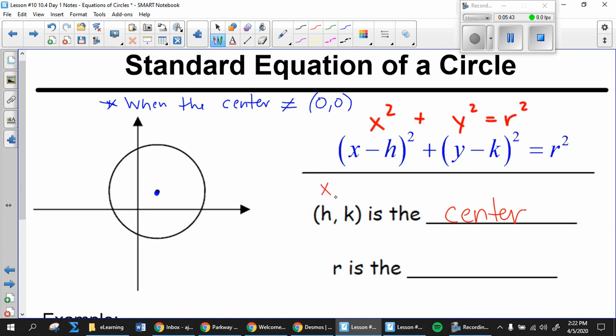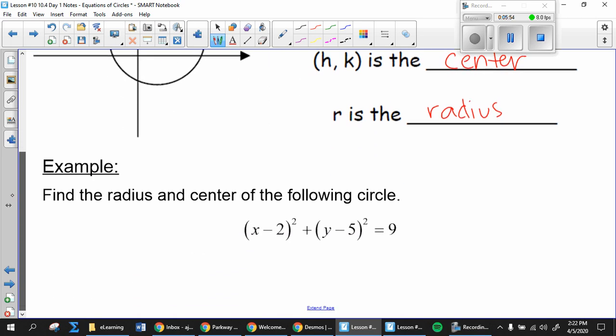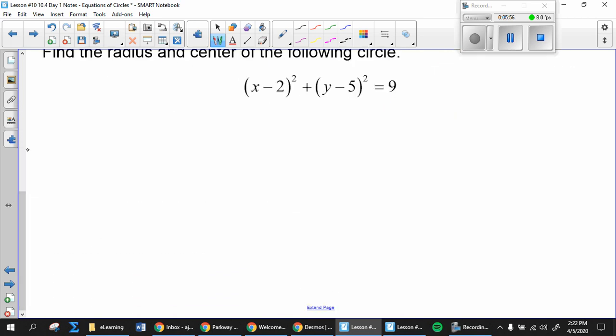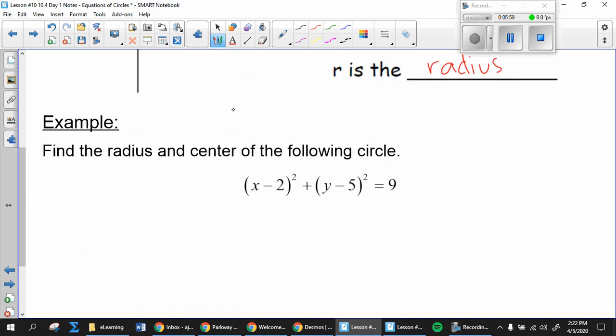So the h is the x of the center, the k is the y of the center. Then the r is still going to be our radius. That has not changed. So if I look down here at this example, notice it's x minus h and y minus k. So it's kind of opposite sign of what you think it would be.